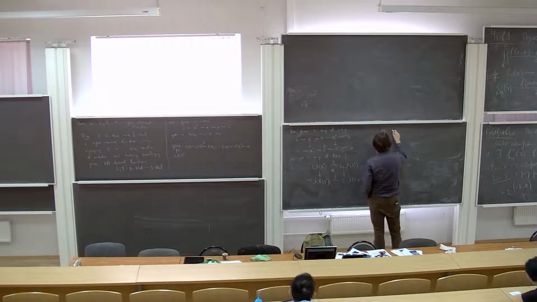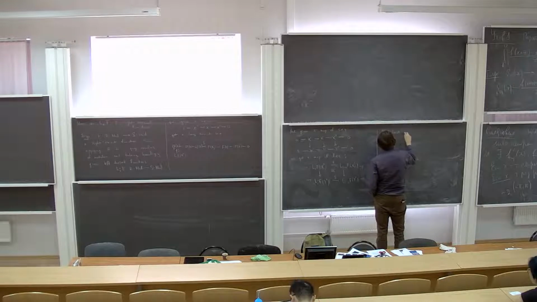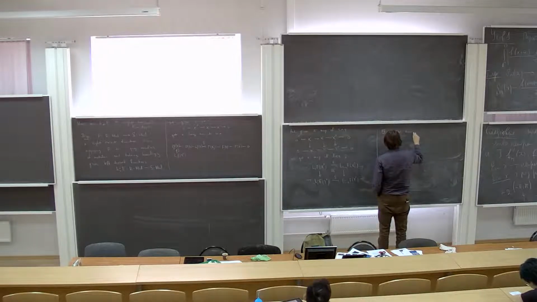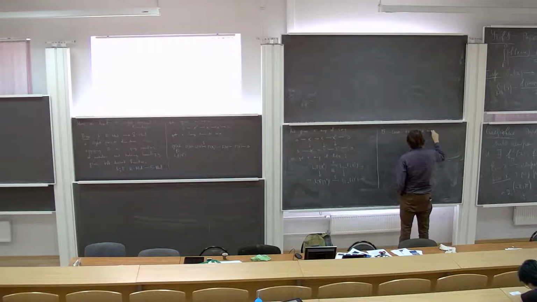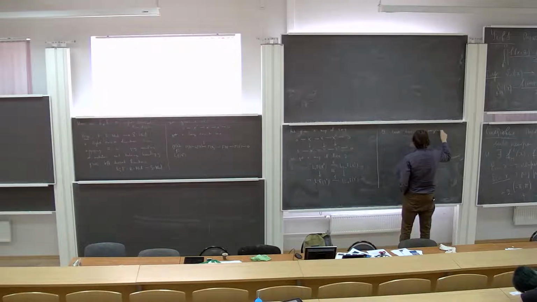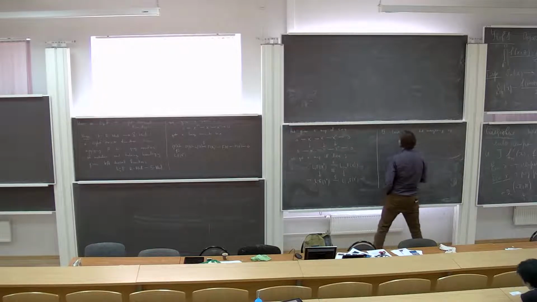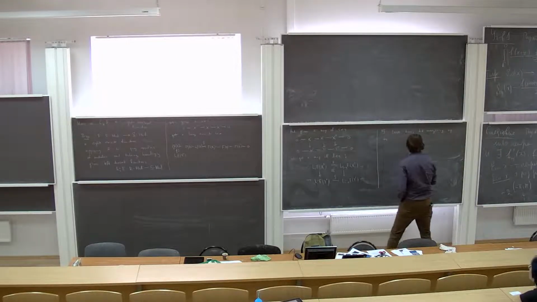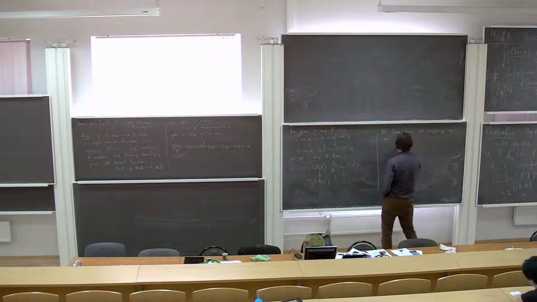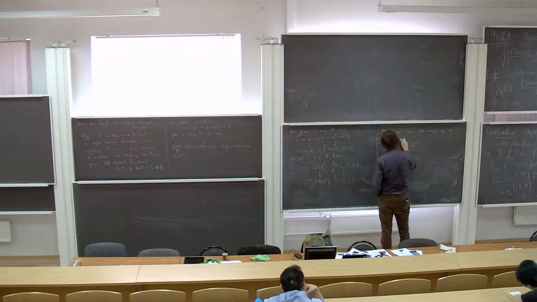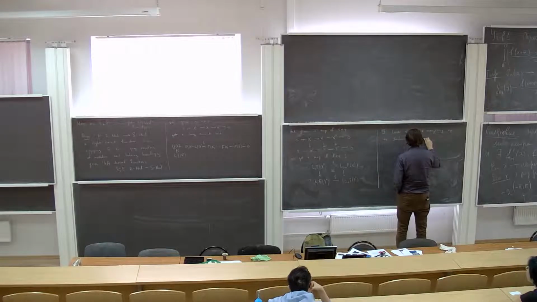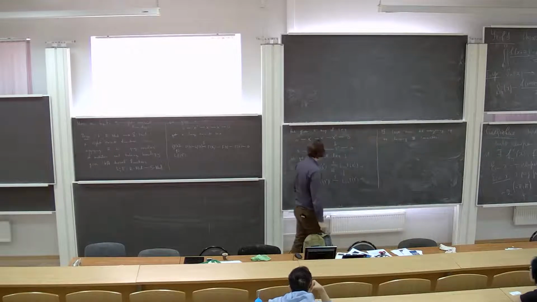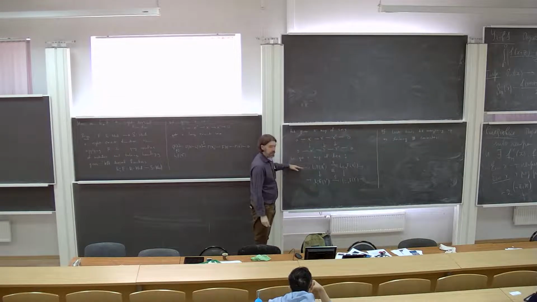Recall, last time we did everything up to checking that this last square commutes. To check that it commutes, let's remember how we construct the long exact sequence.